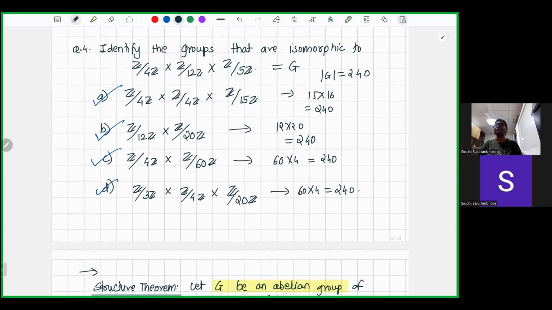We saw in the example that the exponent is what will give me isomorphism in this case, and not the cardinality.